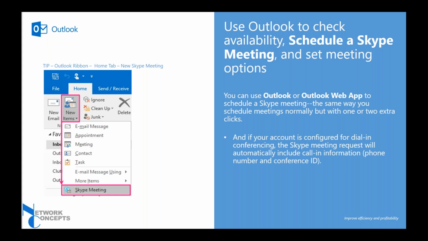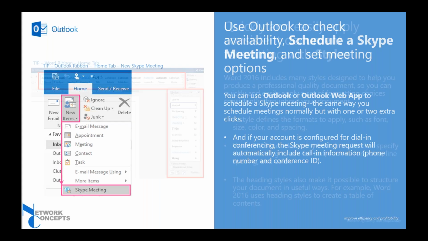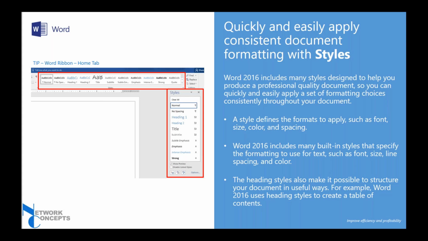All you have to do is open Outlook, open the Home tab, New Items, Skype Meeting, and then you just enter the email address of the person, your subject, basic things like that, your scheduling, and you just send that over. Pretty simple.